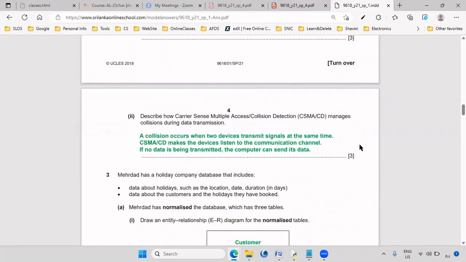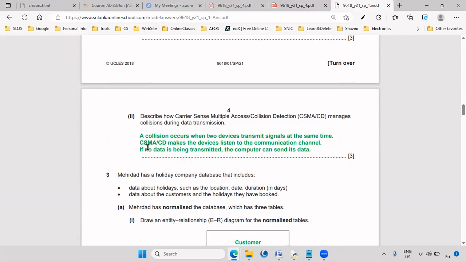Describe how carrier sense multiple access with collision detection manages collisions during data transmission. A collision occurs when 2 devices transmit signals at the same time. CSMA/CD makes the devices listen to the communication channel.